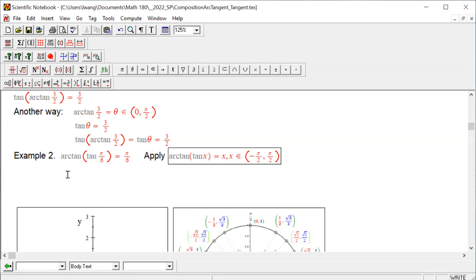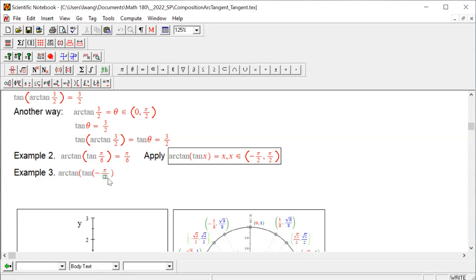So let's look at another one. Example number 3. Here we have arctan of tan, and this time it's negative pi over 3. Let me remove that.